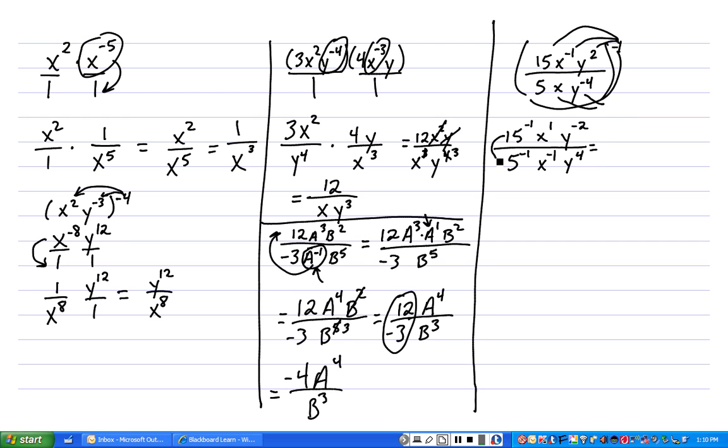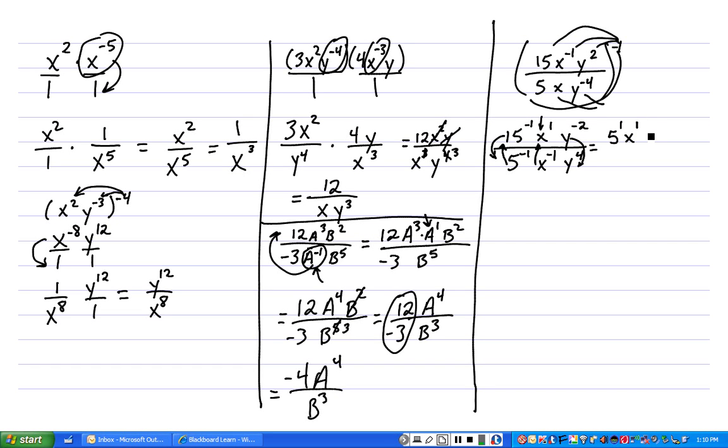At this point I want to move everything to get all my exponents positive. So I want to move this down, I want to move this up, I want to move this up, and I want to move this one down. So now I have 5 to the first, x to the first, which is this one.